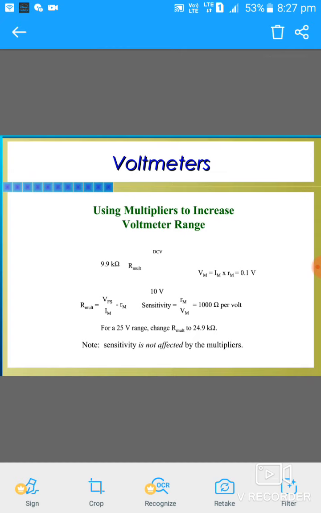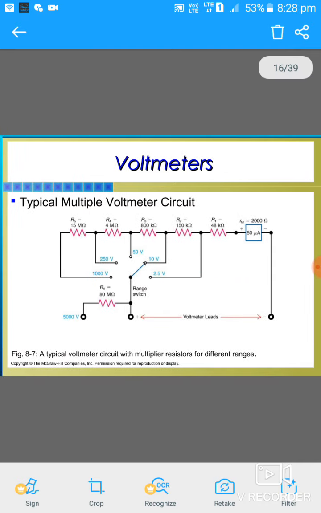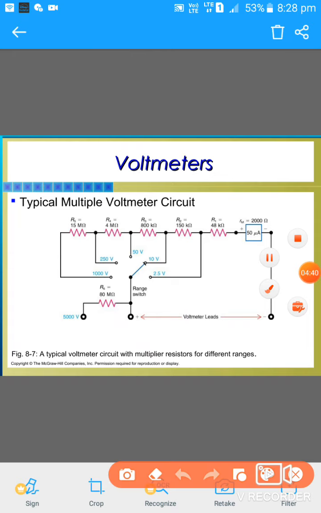Then we are discussing the use of multipliers to increase the voltmeter ranges, right student? This is the example. So how multiple resistances are connected in the circuit is indicated here. This one is R1, this one is R2, this one is R3, R4, and R5.